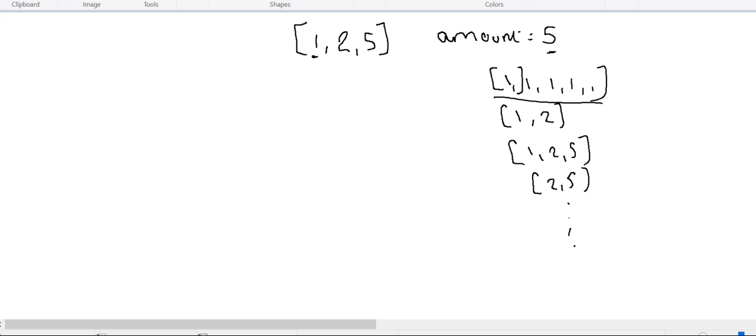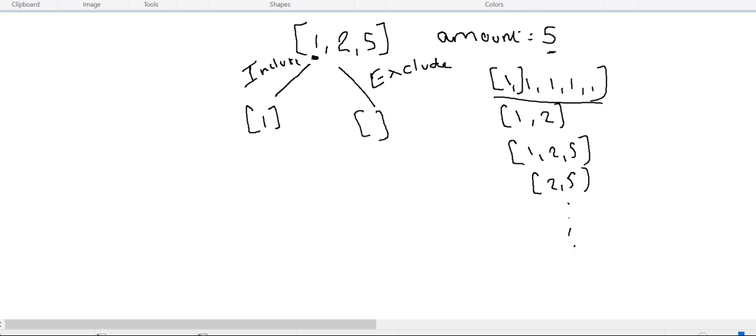So my pointer is here, and I'm going to include 1, and then I'm going to exclude it. If I include 1, my subset has 1, and if I exclude 1, my subset is empty. Then my pointer is incremented to 2.